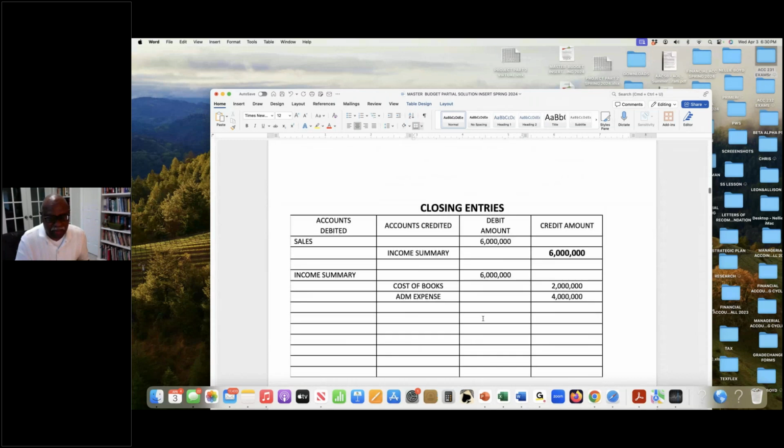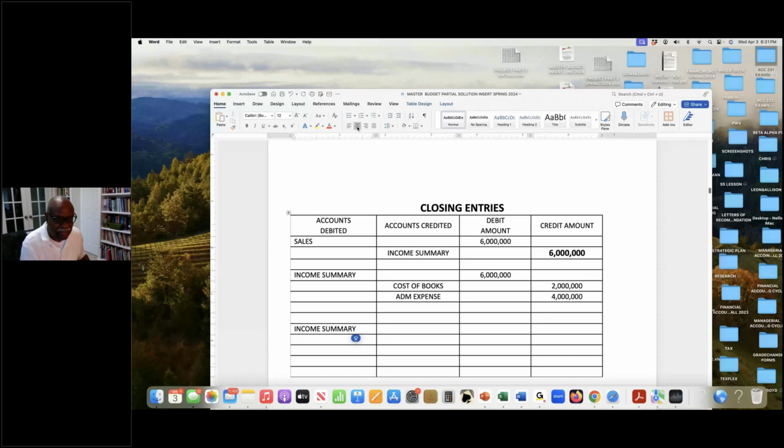Then you've got to make closing entries. Same closing entries, except you're supposed to have a profit. And since you have a profit, you're going to have a third closing entry now. In that third closing entry, you should be debiting income summary and crediting retained earnings.